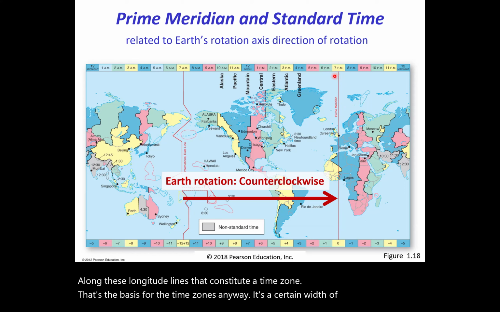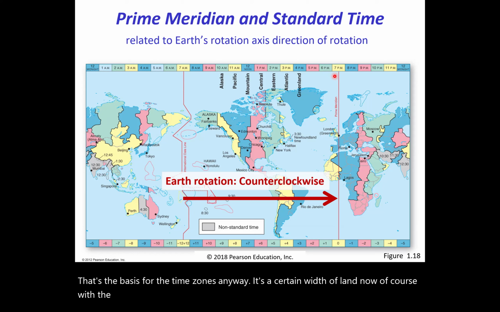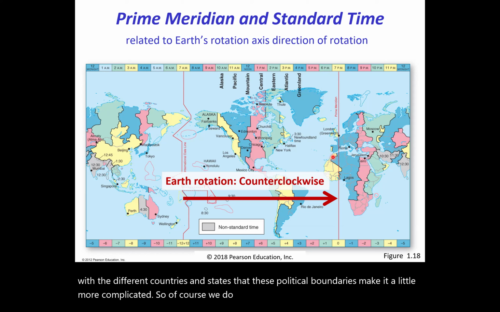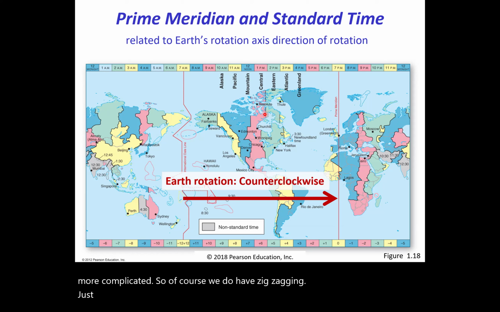Now, of course, with the different countries and states, these political boundaries make it a little more complicated. So, of course, we do have zigzagging, just so that we're not cutting too many countries in half or too many states in half. But in some cases, it becomes unreasonable to not split countries or states in half. The US and Canada.